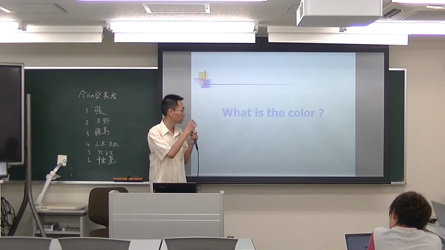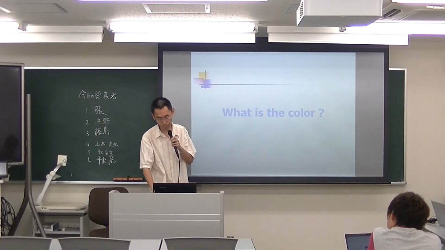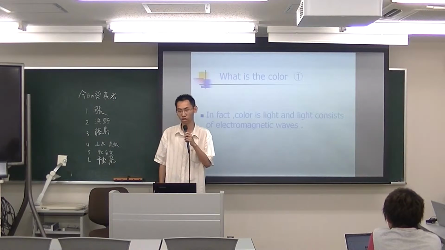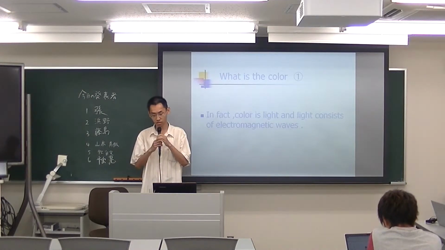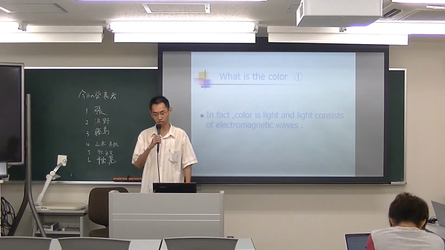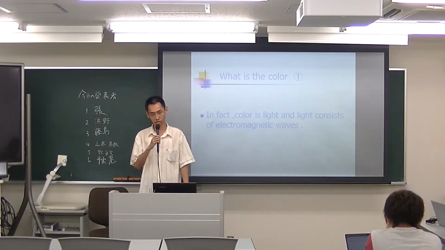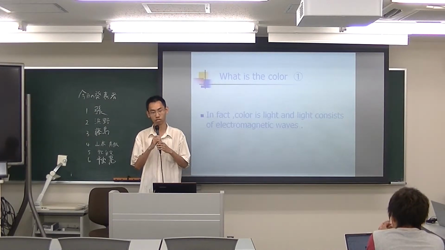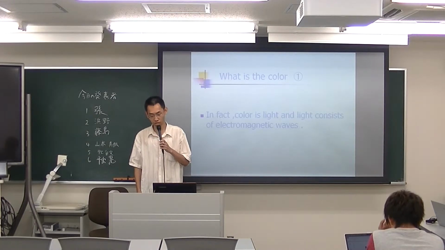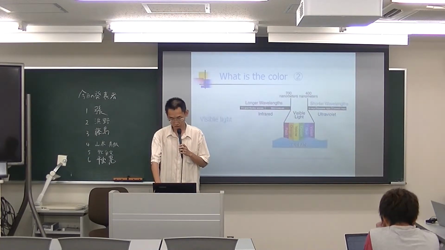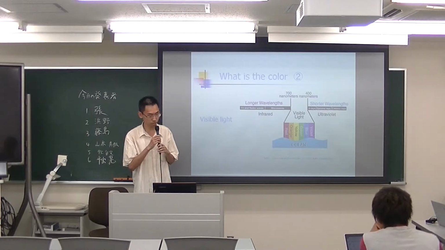At first, what is color? In fact, color is light, and light consists of electromagnetic waves, but we can only see these waves when they are visible light. This is a picture of visible light.